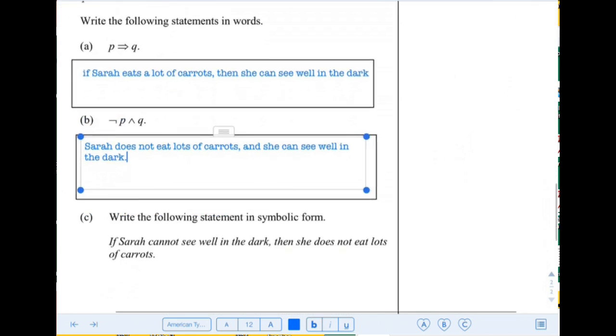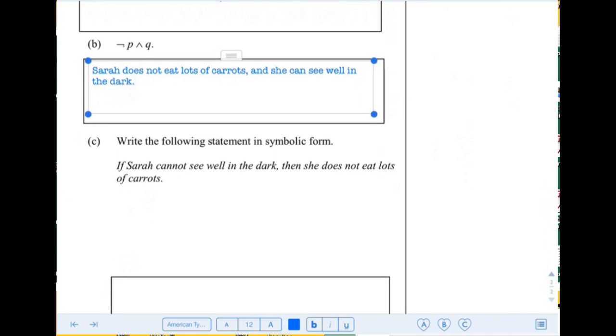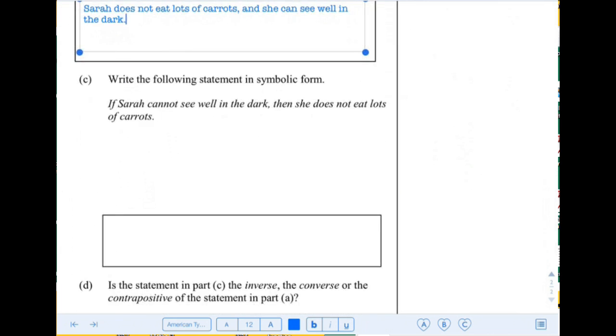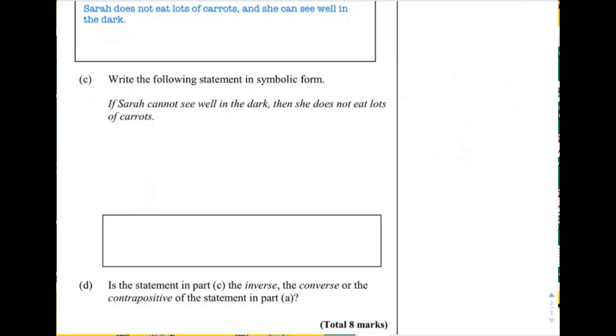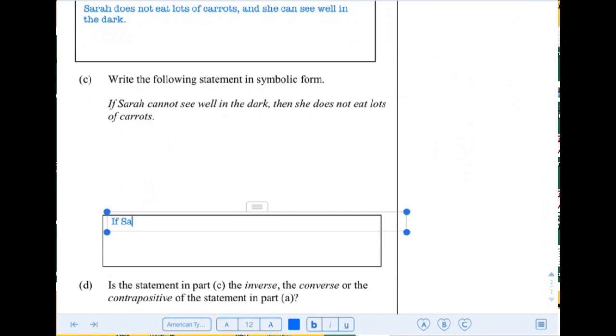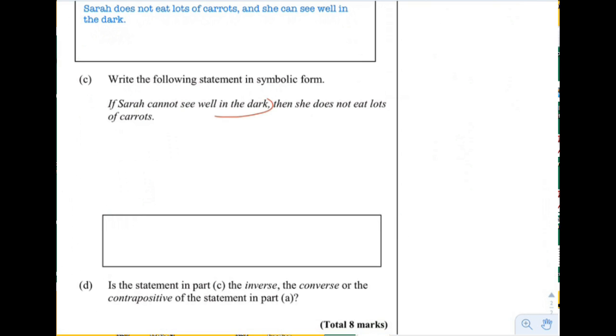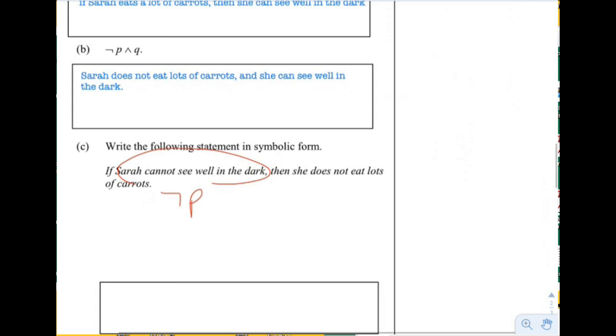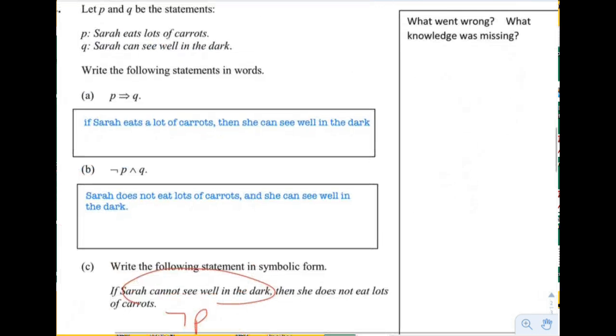Okay? Write the following statement in symbolic form. If Sarah cannot see well in the dark, that is the negation of P because, oh no, wait, that's the negation of Q, because Q is she can see well in the dark.